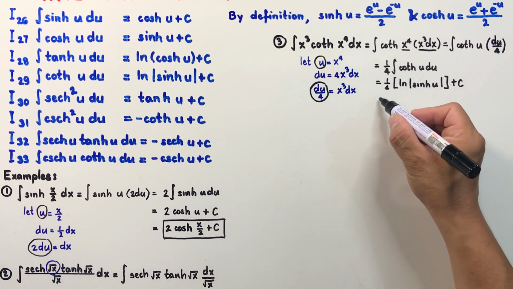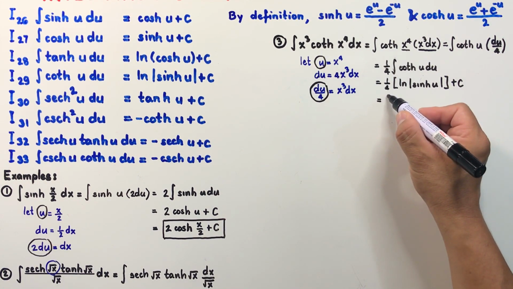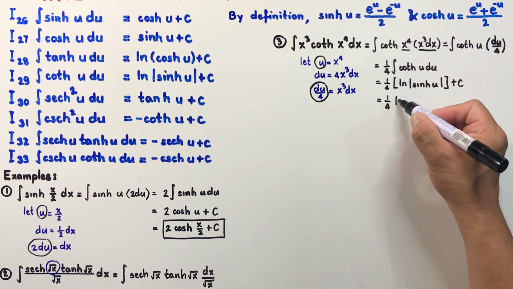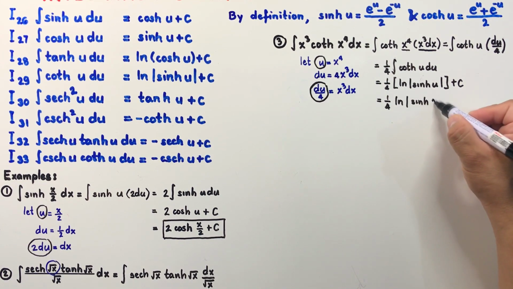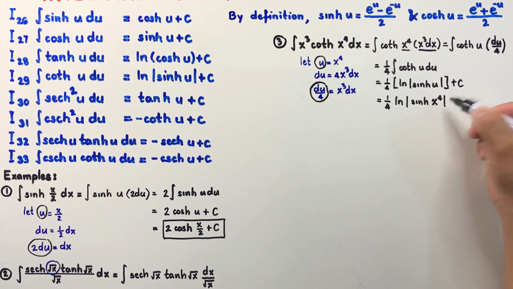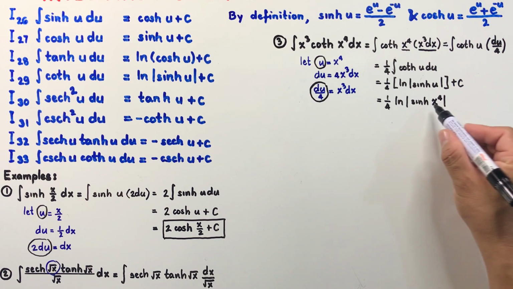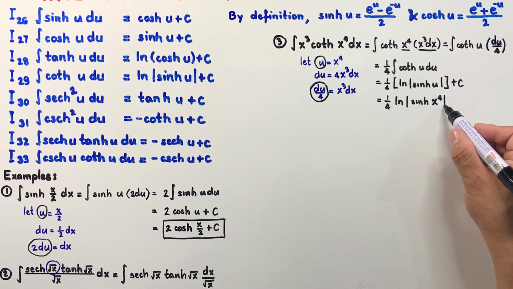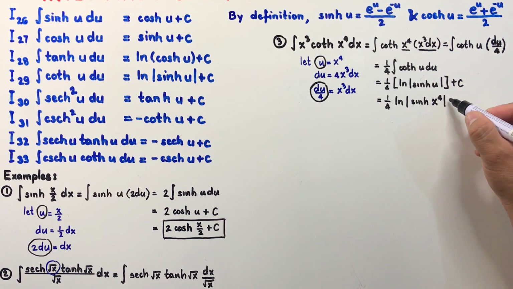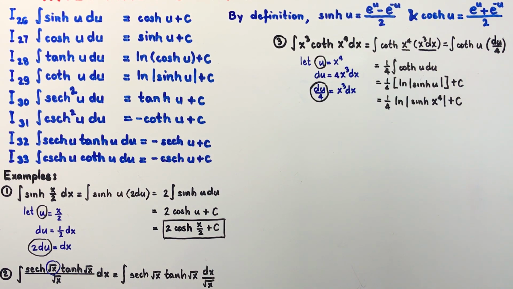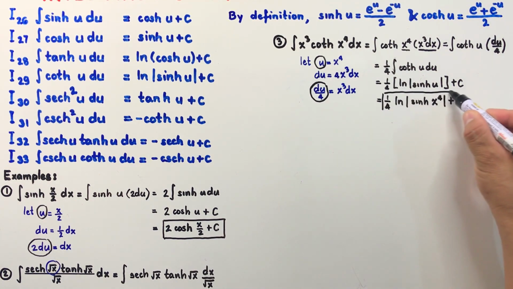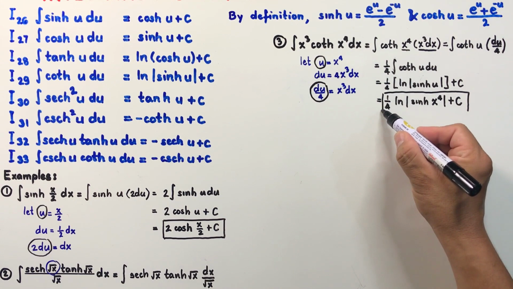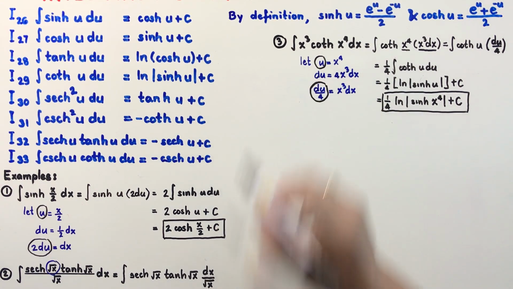And then going back to the original variable, our u is equal to x to the power of 4. So this is 1/4 times the natural log of the absolute value of the hyperbolic sine of x to the power of 4 plus the constant of integration c. And this is our answer for this integration number 3.